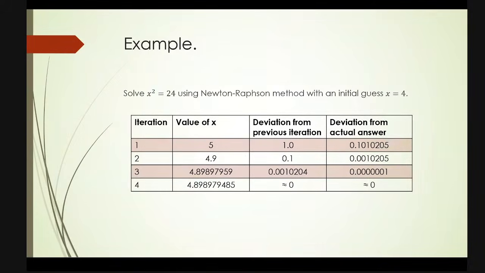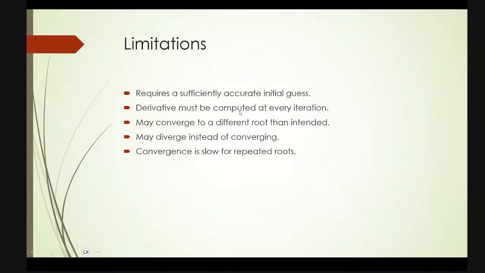Now that we have seen how this Newton-Raphson works and how this converges to the exact solution, let us see if there are any limitations to this Newton-Raphson method. Just like any other numerical method, this method also has some limitations. These are some of them. The Newton-Raphson method requires a sufficiently accurate initial guess.